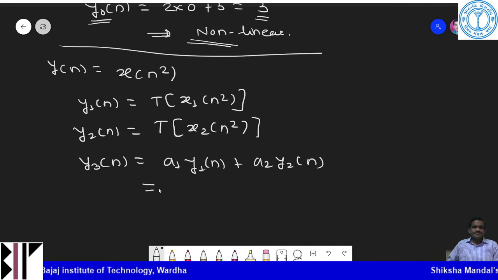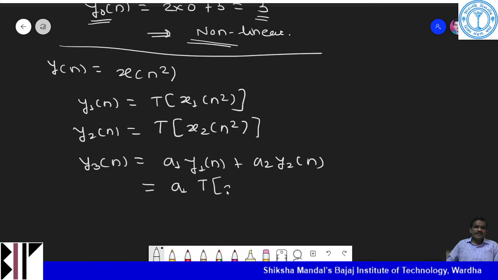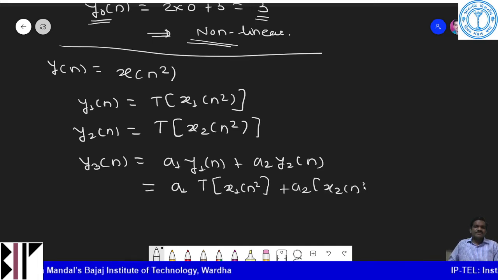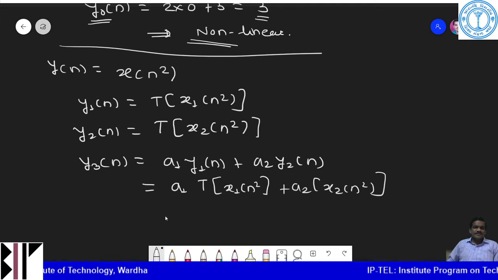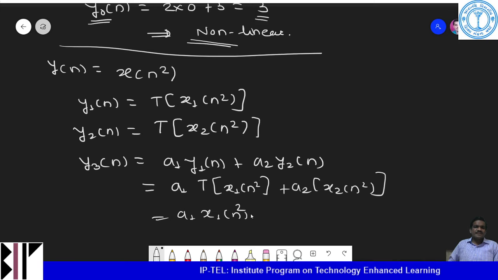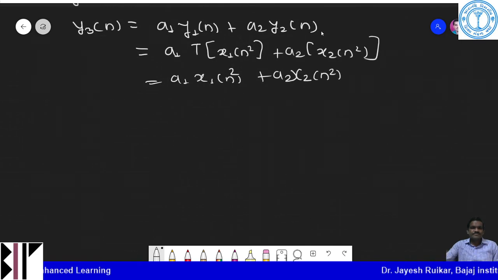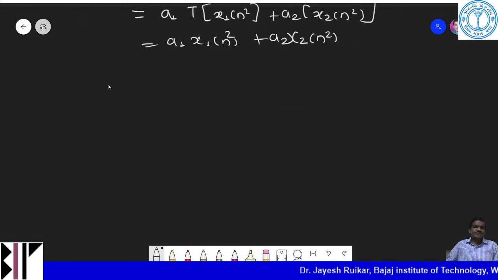So which is nothing but a1 into the transformation applied on x1 of n, that is square, plus a2 x2 of n square, which is nothing but a1 x1 n square plus a2 x2 n square. This is what your y3 of n.